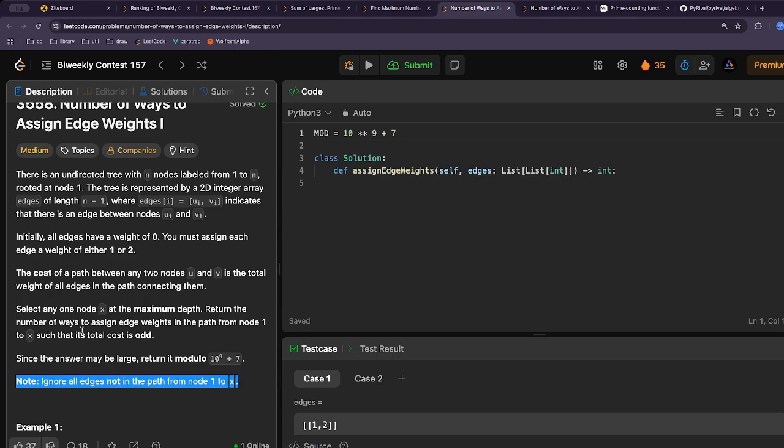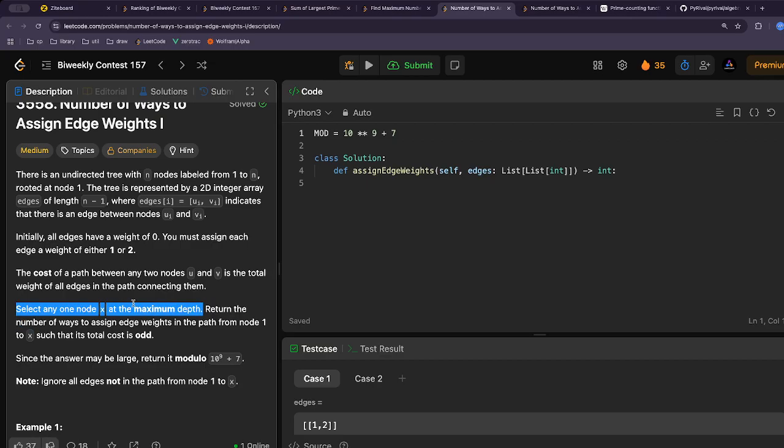So notice that there's something really weird about this description. If you read it superficially, it says select any node and then calculate something about that node and return that. But you say, wouldn't it matter which one I choose, right? I mean, they say it's a maximum depth, right?